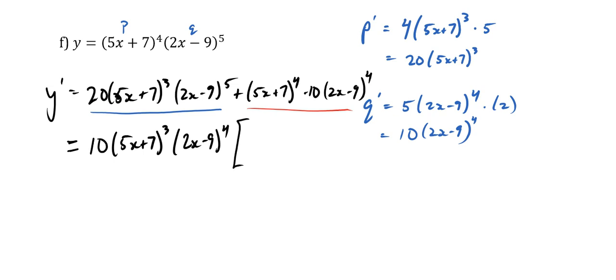And then what am I left with? 2 times 1 of the second bracket, 2x minus 9, plus the 10 was factored out, so 1 times 1 of that first bracket, 5x plus 7.